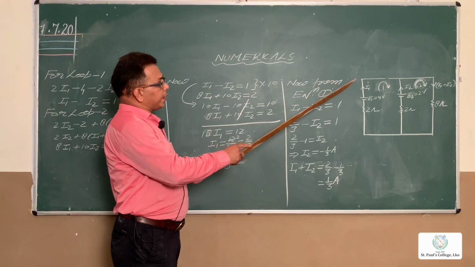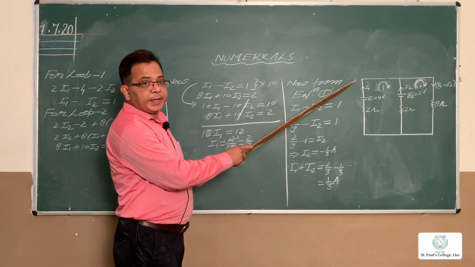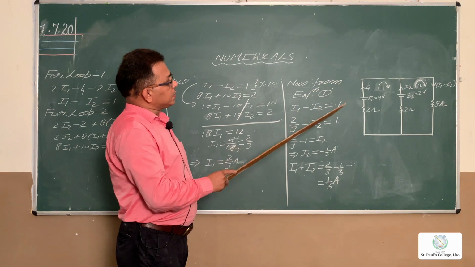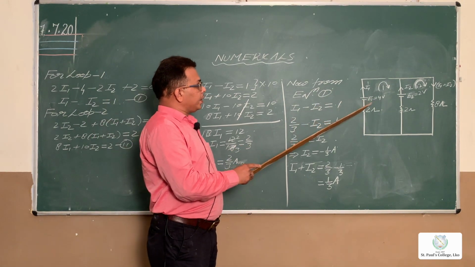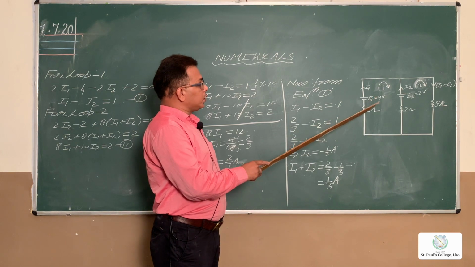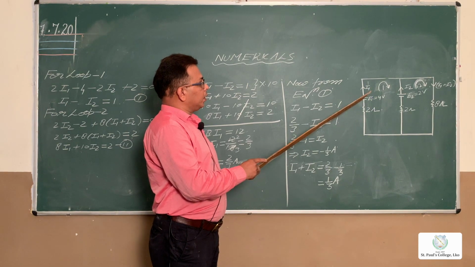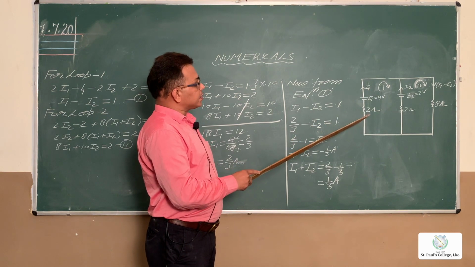This is a circuit related to Kirchhoff's second law. In this circuit diagram, you will see the EMF E1 is 4 volt, the current flowing in this loop is I1, and the resistance is 2 ohm.